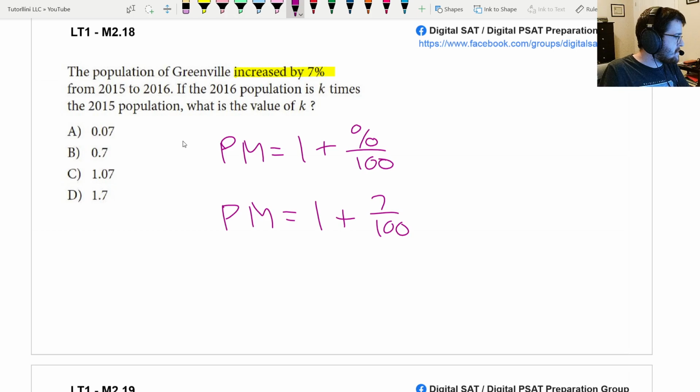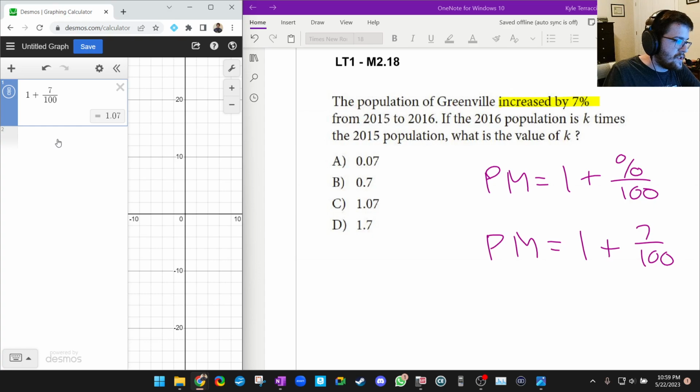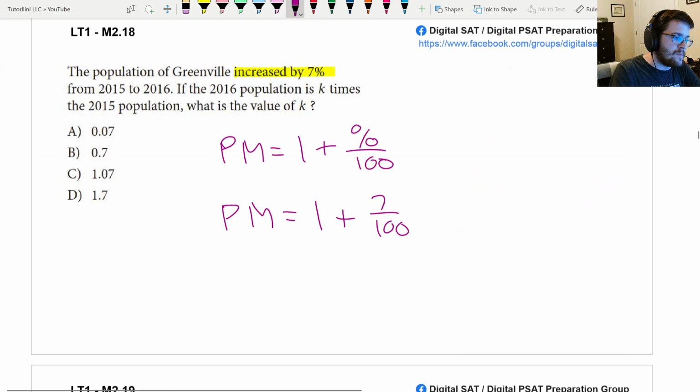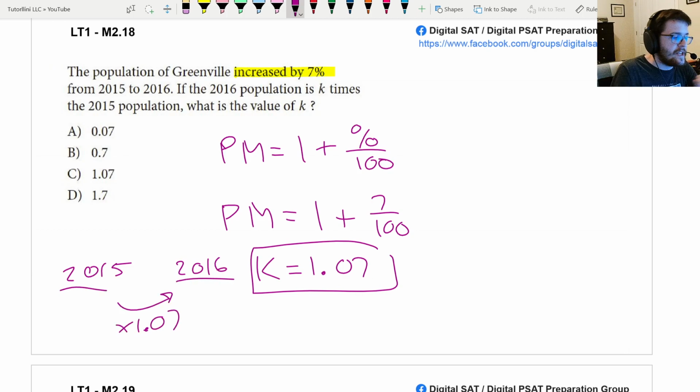This is really easy to make a careless mistake on, so I'm not going to do it in my head. I'm going to come over here and do it, even if I already know what it is, just to be sure. And the percent multiplier is 1.07. So k is just equal to 1.07. So 2015 to 2016, whatever that is, it gets multiplied by 1.07. The only thing they could have done to trip us up is put it the opposite way.